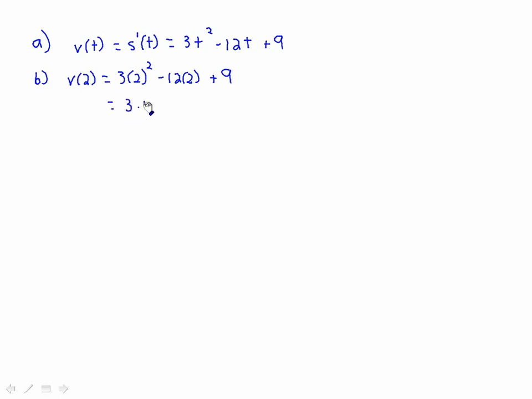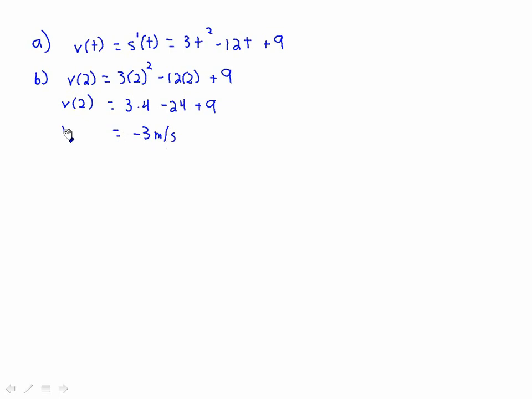So 3 times 4 minus 24 plus 9. You can certainly do it more quickly than this. So 12 minus 24 is minus 12. Minus 12 plus 9 is equal to negative 3 meters per second.